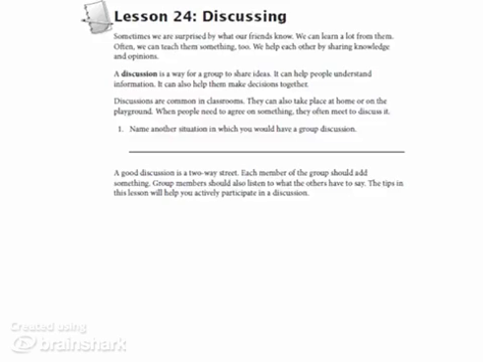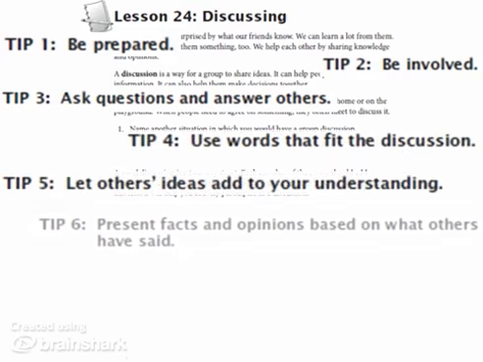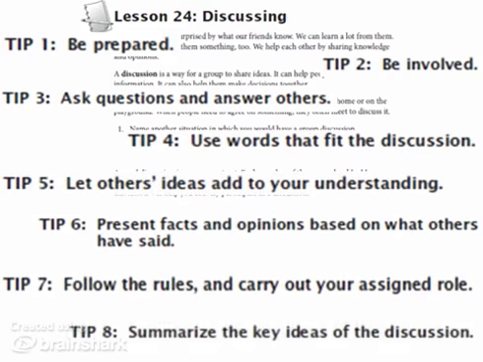In the discussing lesson, the students are being prepared to discuss ideas in small groups. They are provided guidance and key information to help them understand what it means to be a part of a group discussion. They learn information on how to be prepared, be involved, ask questions, and answer others. Let others' ideas add to your understanding, summarize the ideas of discussion, and more.